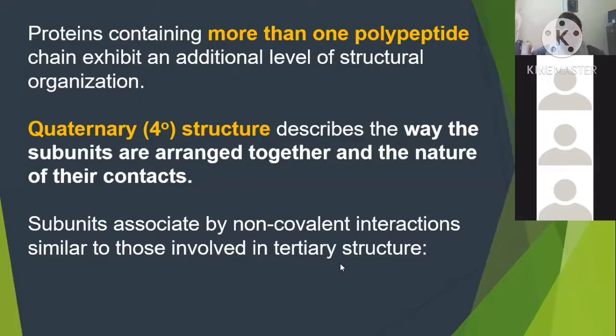While discussing the tertiary structure, the myoglobin structure, we saw it has ionic bonds, hydrophobic interactions, hydrogen bonds, and van der Waals interactions. Here each polypeptide chain can have all these non-covalent interactions, and the different subunits are also associated via non-covalent interactions.